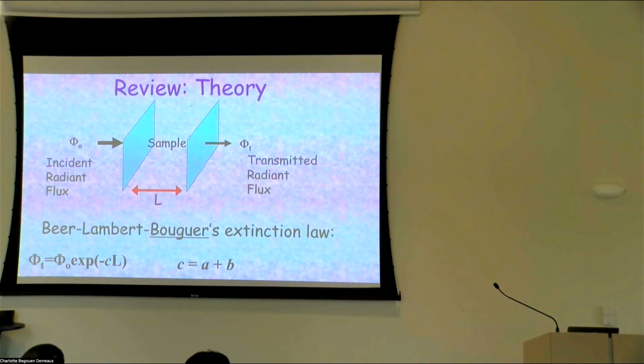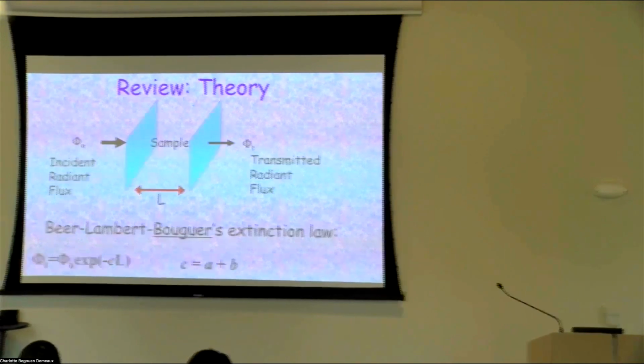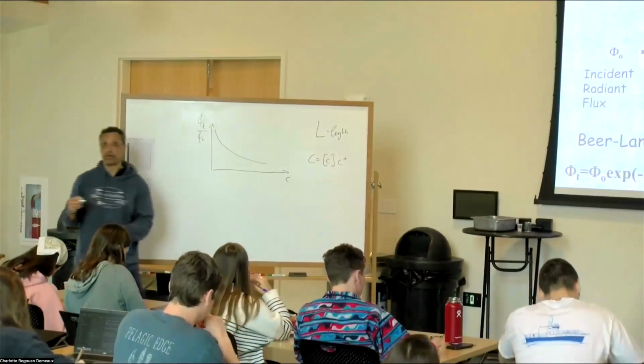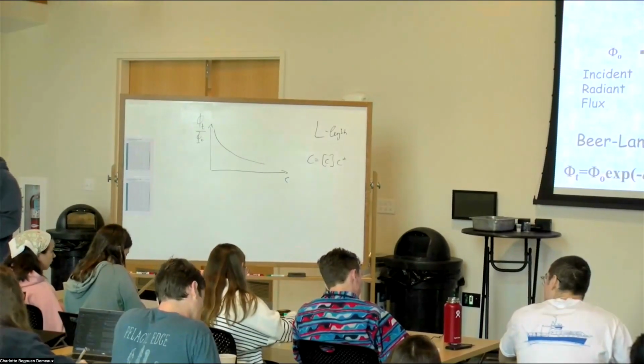So, if we think about C as being concentration times material-specific attenuation, then this tells us that what makes it to the detector varies exponentially with the amount of material I have.